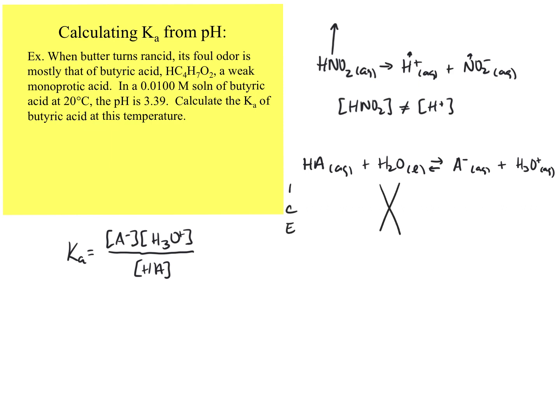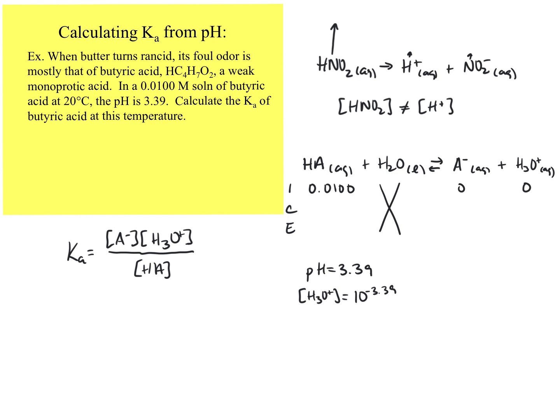Going to cross off the H2O. The initial concentration of butyric acid is 0.0100, and you have none of these. Now the pH is 3.39. So you should use your understanding of logarithms to know that the H3O plus concentration, also known as the H plus concentration, is 10 to the negative 3.39 power.